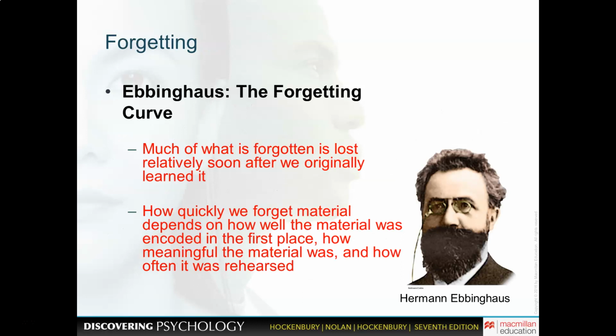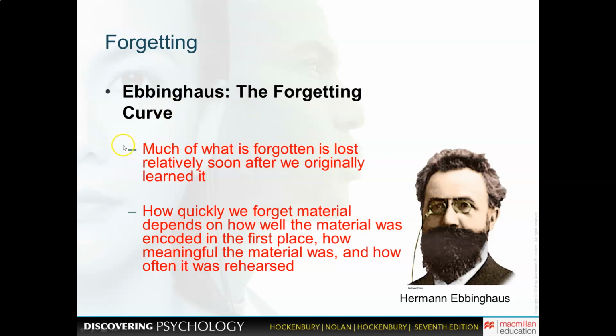All right. So right here, we're going to start taking a look at forgetting. Now, remember, forgetting just basically refers to the inability to retrieve information. So this researcher right here, Ebbinghaus, came up with the term the forgetting curve.